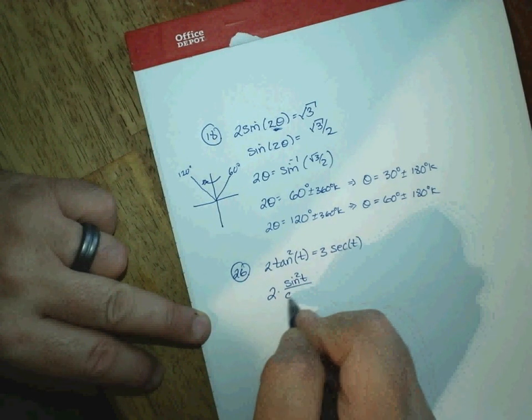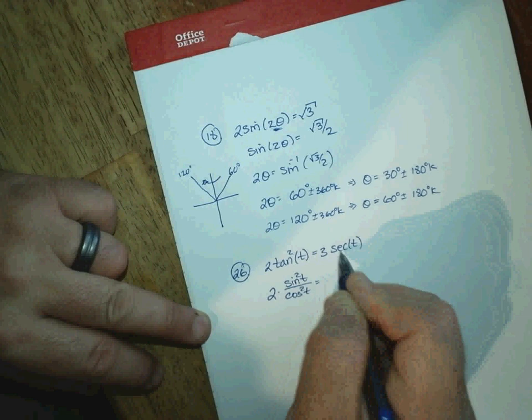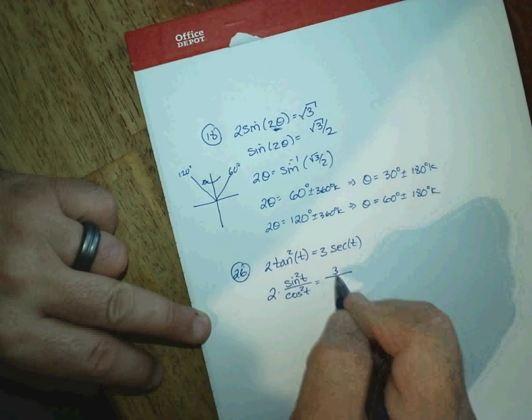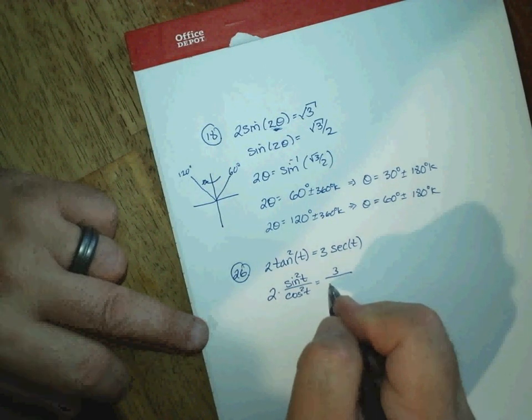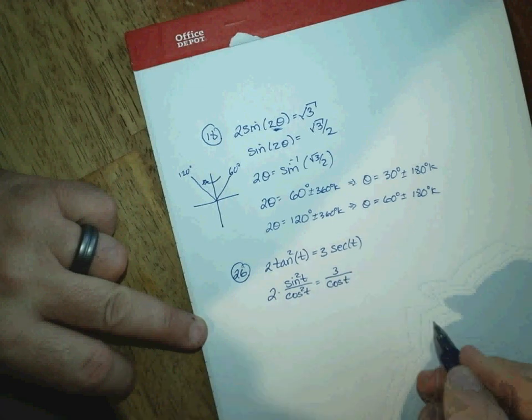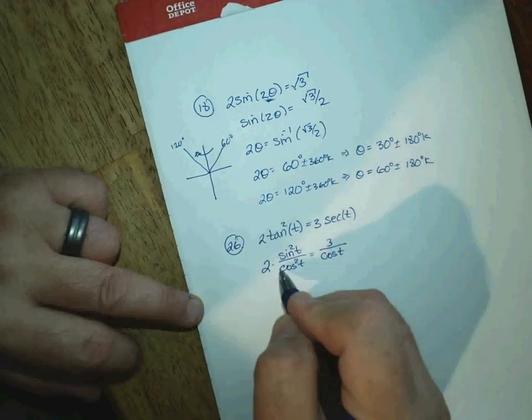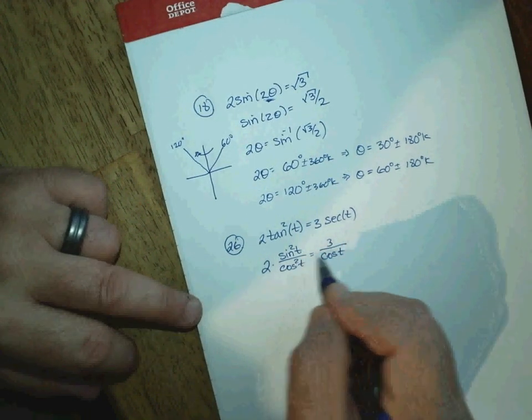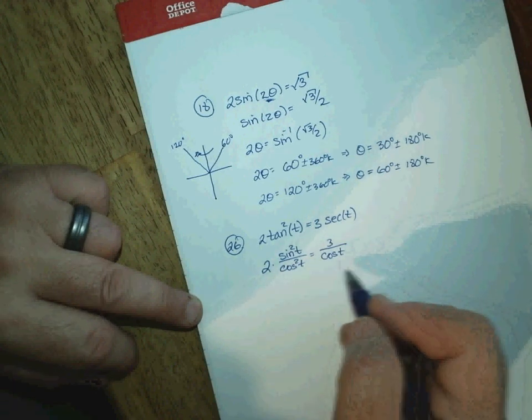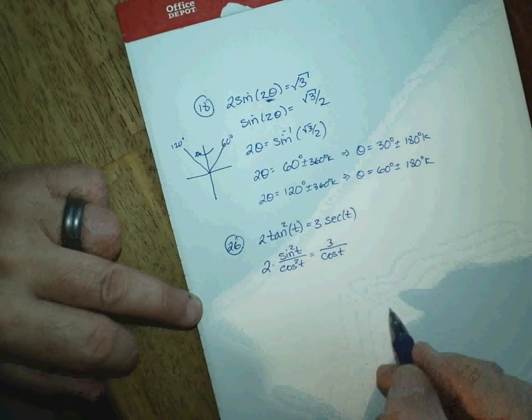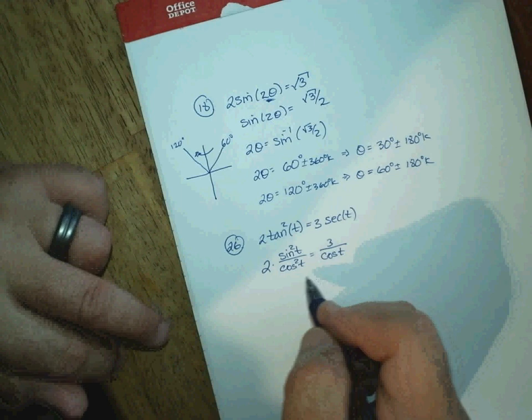So tangent squared is going to be sine squared of t over cos squared of t. Secant of t is going to be the reciprocal of the cosine, so that's going to be a cosine of t in the denominator. And now I need to solve this for sine of t equals a number and cosine of t equals a number so that I can proceed.